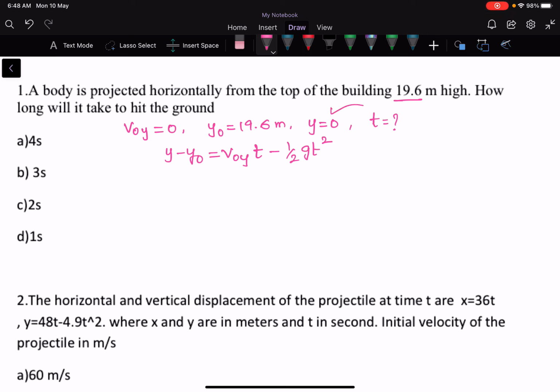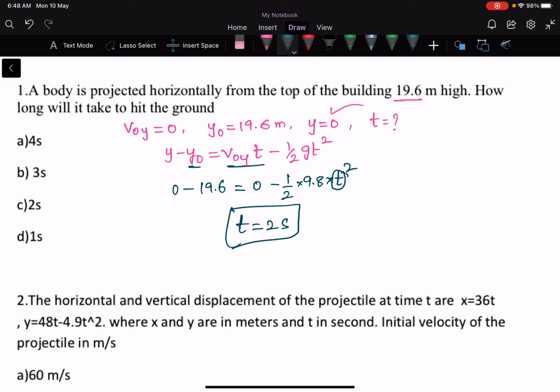Here y is 0, y0 is 19.6, and v0y times t is 0 times t, which is 0, minus half g t square. I am taking g as 9.8. The only unknown is t, so we can find t from here. You will get t equal to 2 seconds.